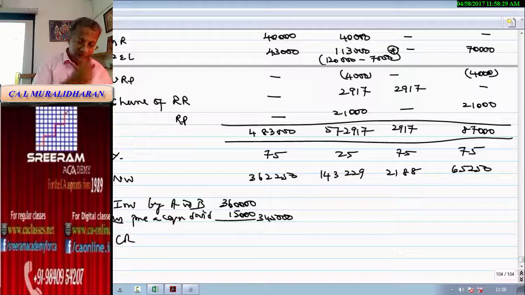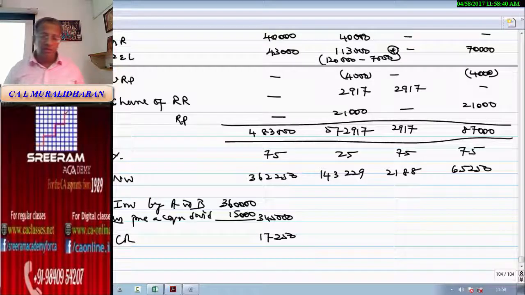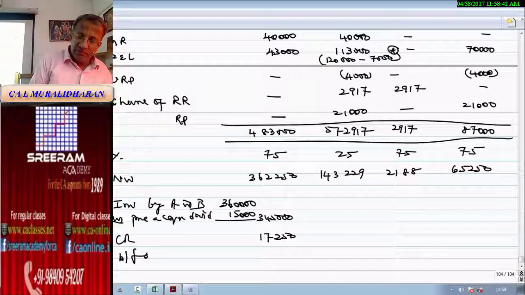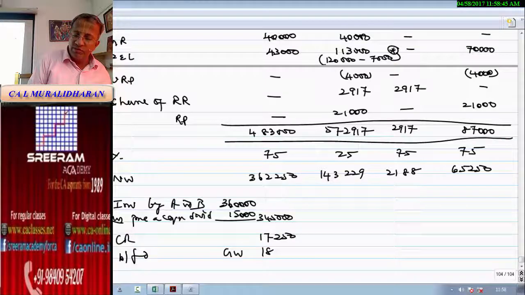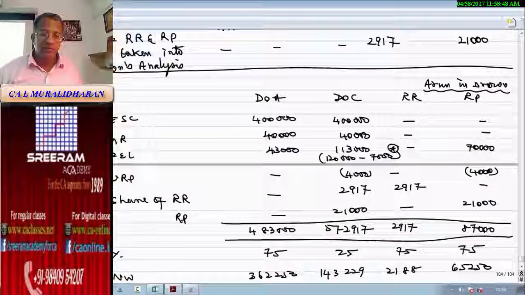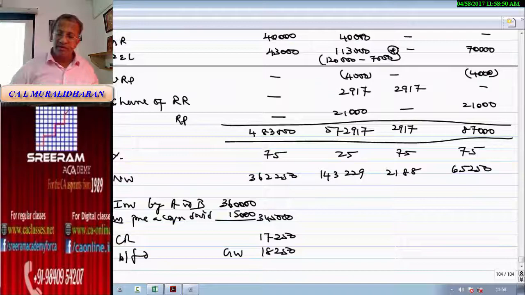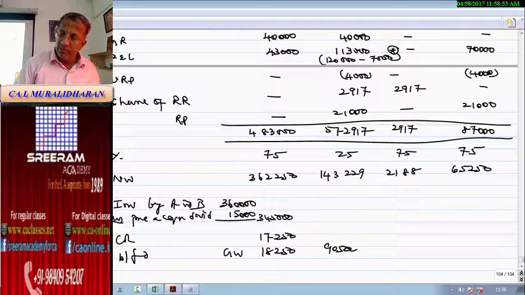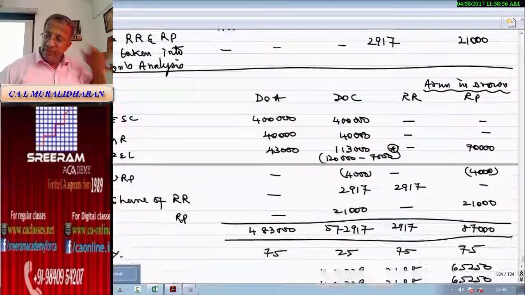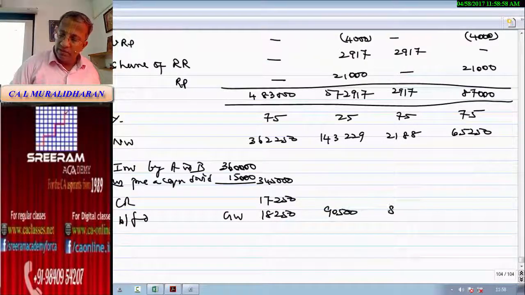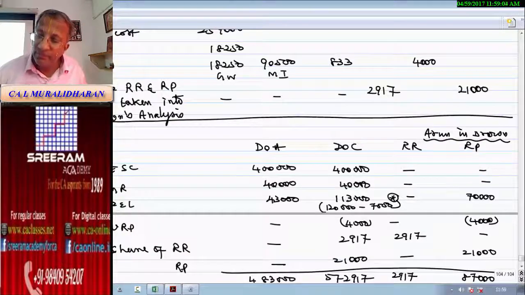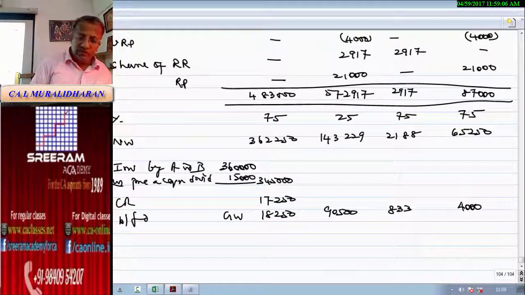This would result in capital reserve: 3,62,250 minus 3,45,000 gives 17,250. Then brought forward goodwill of 18,250. Remember, 90,500 minority interest, then 833 and 4,000.